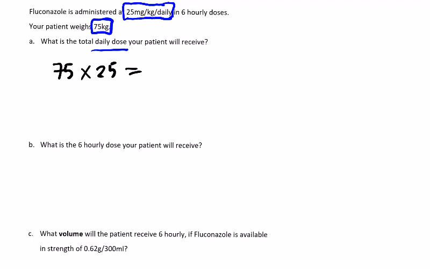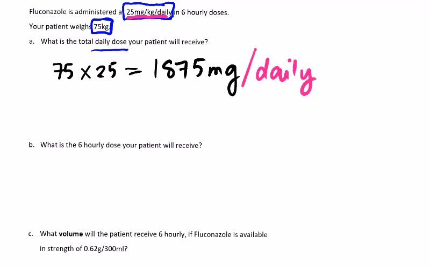As soon as we do 75 times 25, we get 1,875 milligrams. Because we are using the 25 milligram per kilogram daily, it means this is for the full day, which answers our first question.